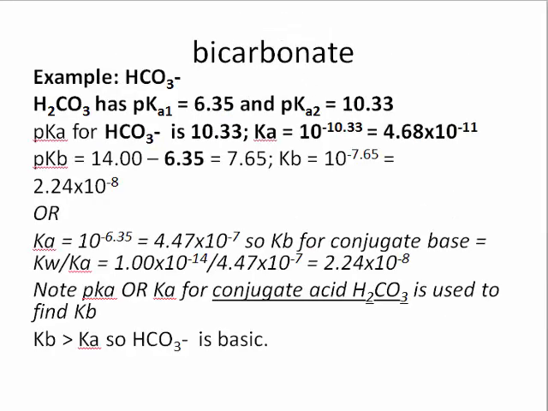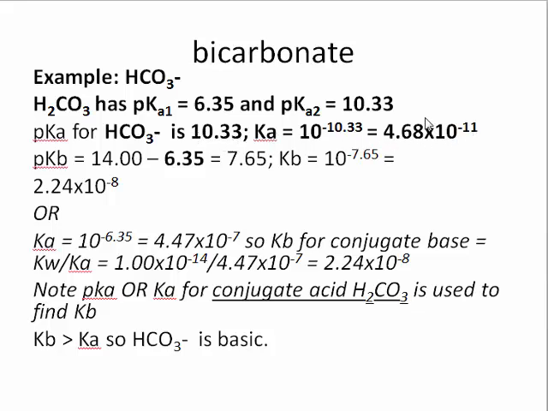Let's look at an example of how we determine the acidity or basicity of a bicarbonate solution. Carbonic acid has a pKa1 of 6.35 and pKa2 of 10.33. The pKa for the bicarbonate is 10.33.